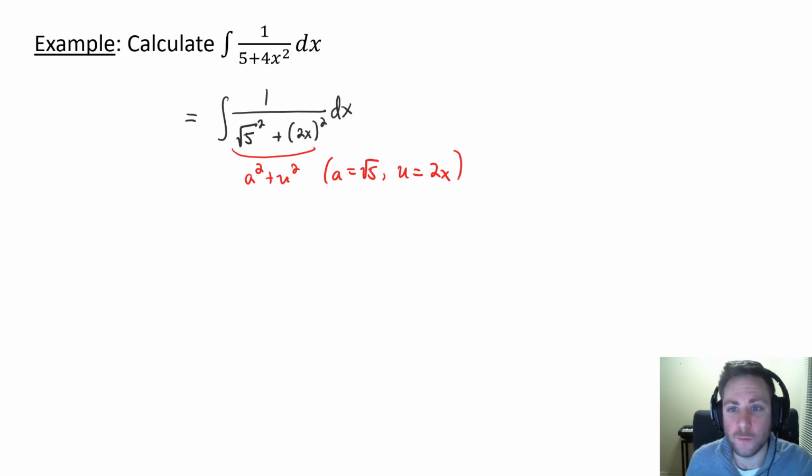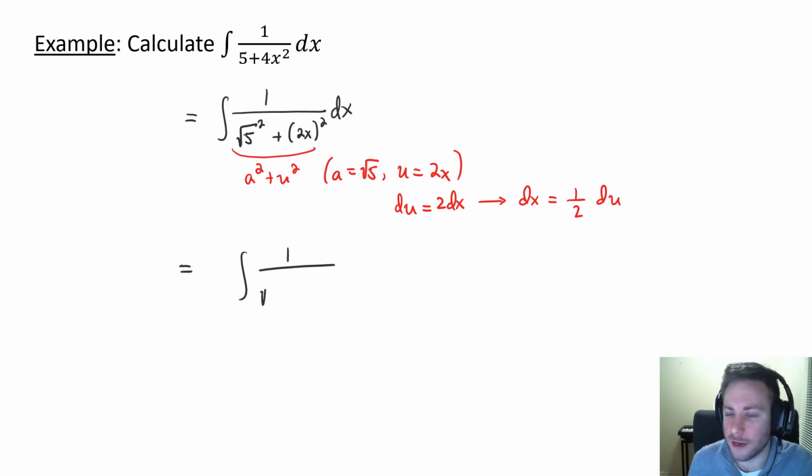However, if I want to think of 2x as u, then it's necessary to perform a substitution properly, meaning we also need to account for du. A quick calculation shows that dx would be equivalent to 1/2 of du, and with that we can express our integral as 1 over root 5 squared plus u squared, and our dx can be replaced with 1/2 du.